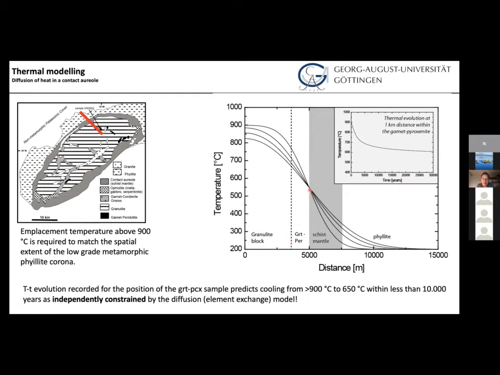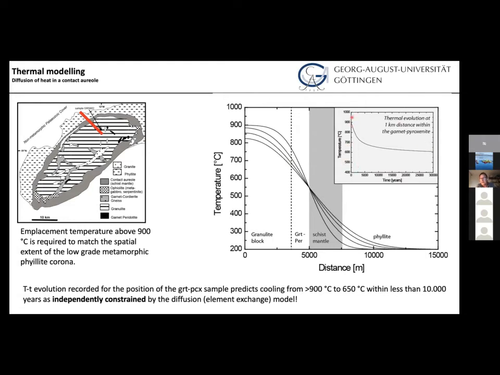And we have an estimate for the emplacement temperature of 900 degrees as we modeled those in the diffusion profiles. We can actually extract a temperature time profile for a rock that would be at the position of the garnet peridotite, which would be this one over here in the upper left.